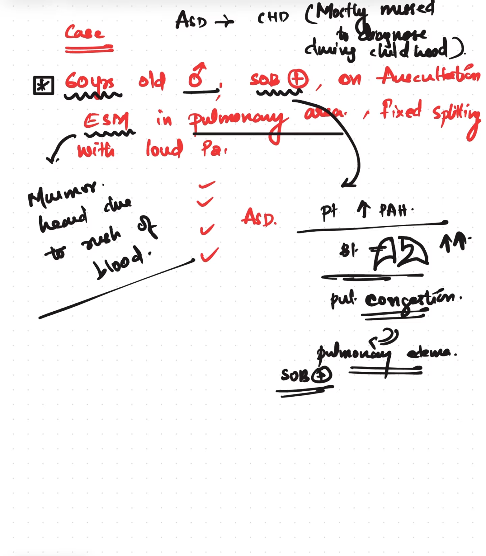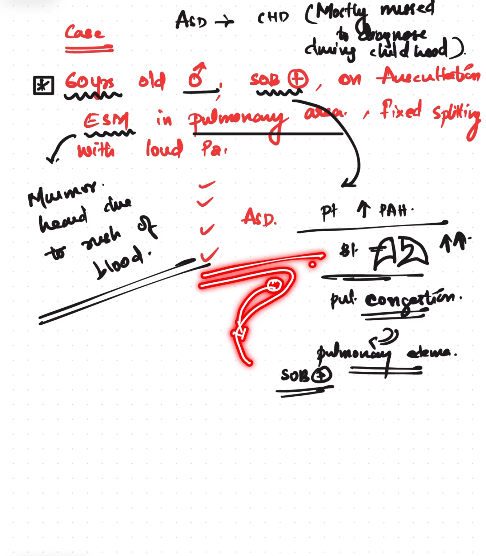As the blood is going at high pressure, that pressured sound is nothing but the murmur. It is heard in the pulmonary area because the patient has pulmonary hypertension, because of increased blood supply towards the pulmonary side, because we have a hole between the right atrium and left atrium, right? This hole, as I explained at the start, lets the blood move towards the right ventricle, and from there into the pulmonary vessels. So the pressure is more felt in the pulmonary vessels. Hence the patient will have the murmur heard in the pulmonary area.